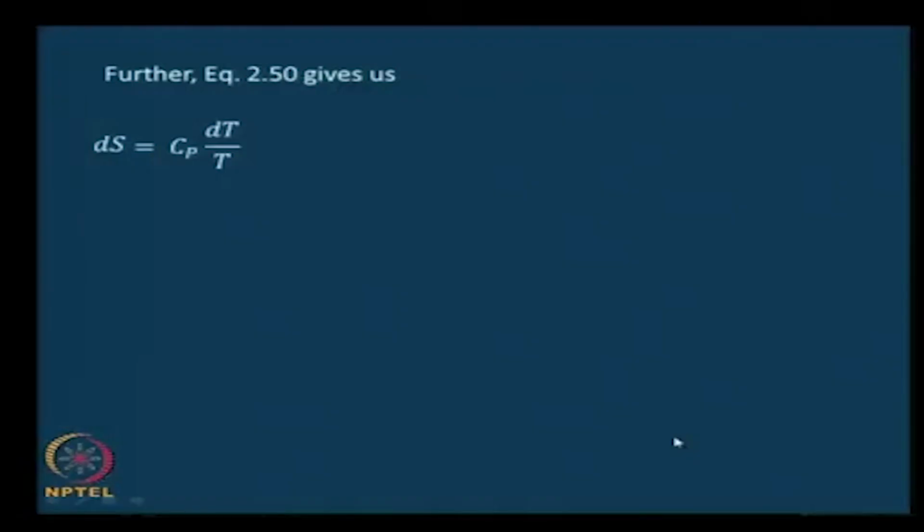And equation 250 from the earlier module gives us dS equals Cp dT/T minus (∂V/∂T) at constant pressure dP. You can go back and check if you want.